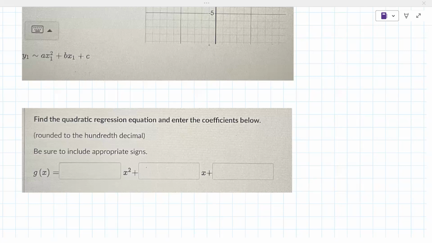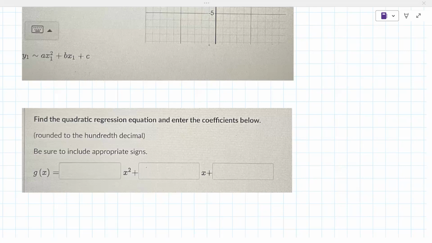Okay. I have an answer here whenever you want it, but I would still encourage you to try it on your own as much as you can. It's still not opening. I don't know why.